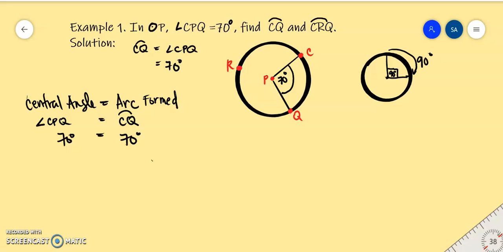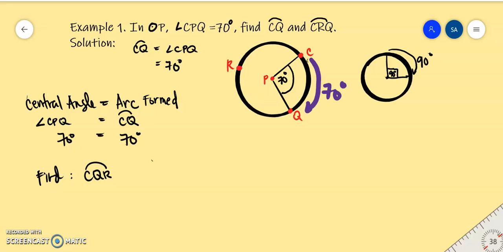Next, we want to find arc CRQ. Alam natin na we already found the measure of arc CQ, which is 70 degrees.